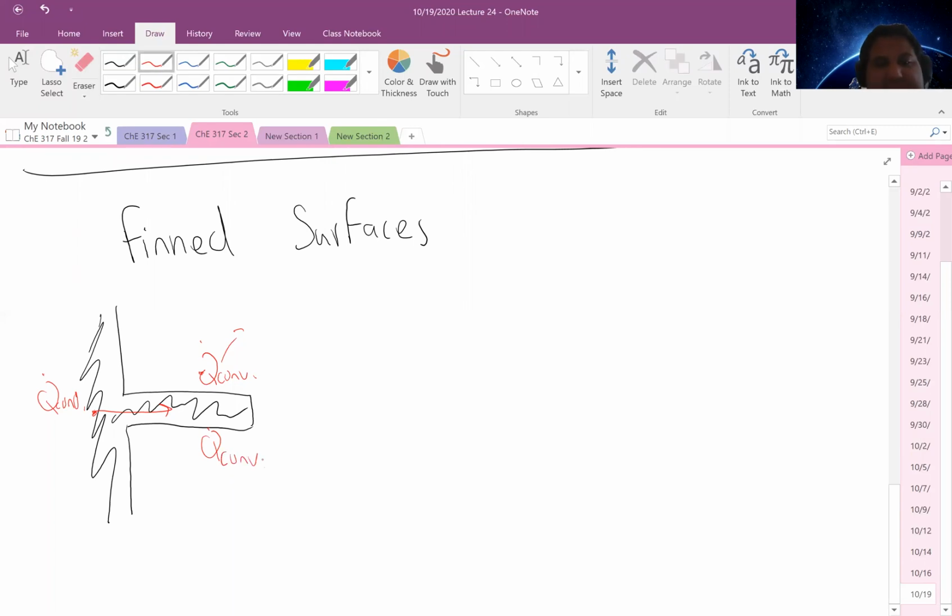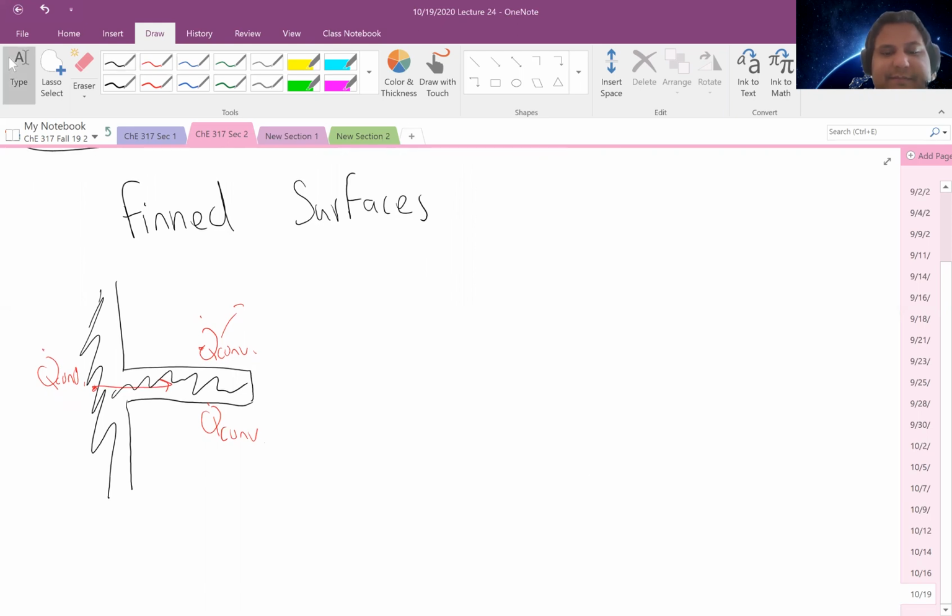Essentially the purpose of a fin is to allow improved heat transfer and heat dissipation through the addition of surface area where conduction can occur. So when you're looking at an analysis of a fin, you're looking at a comparison of the conduction into the system minus the heat dissipation or convection that occurs out of the fin.